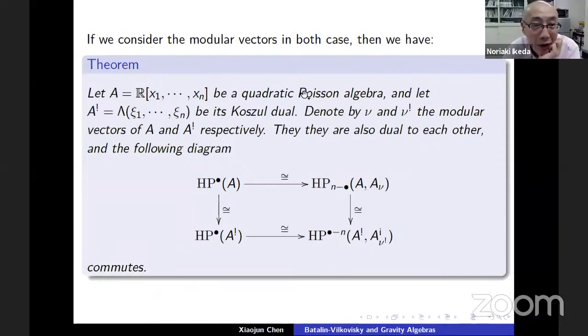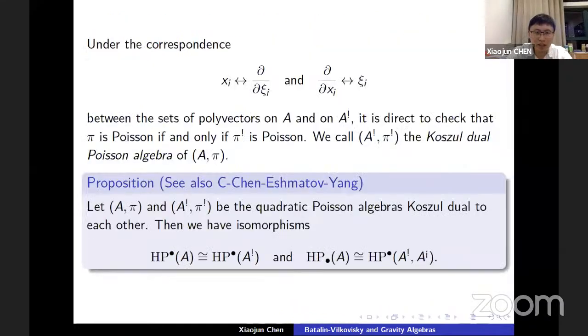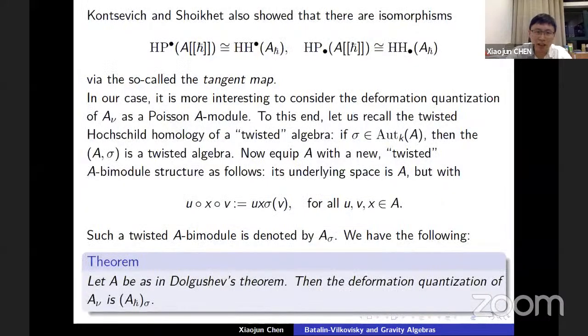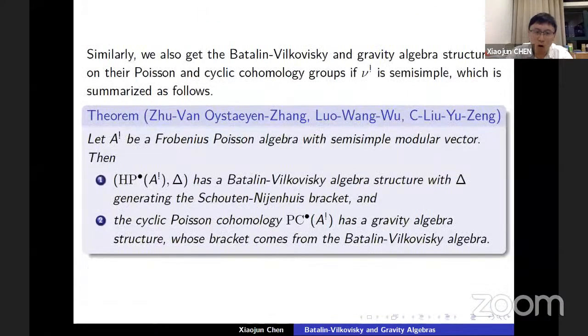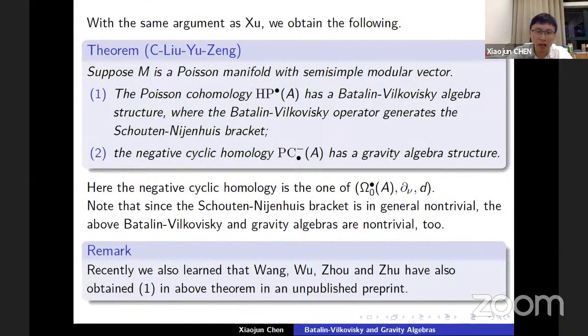I have a question. Is a gravity algebra an infinity algebra? Yeah, you are right. Let's go to the definition. It is a Lie algebra with more brackets, which are called the higher brackets.